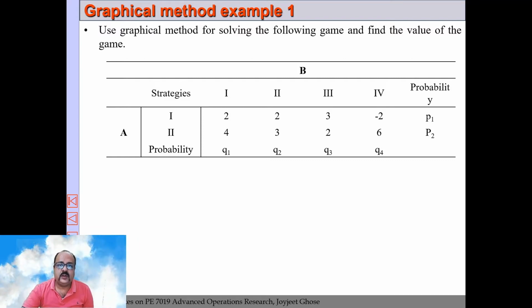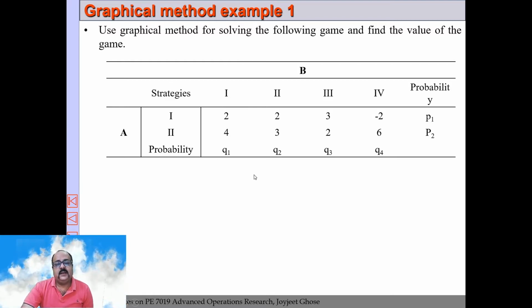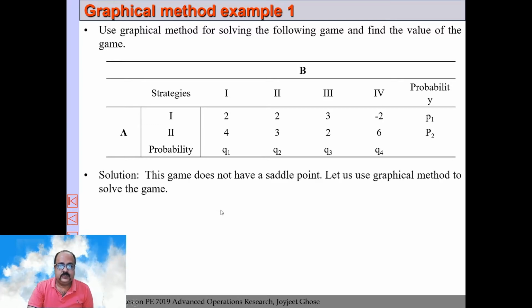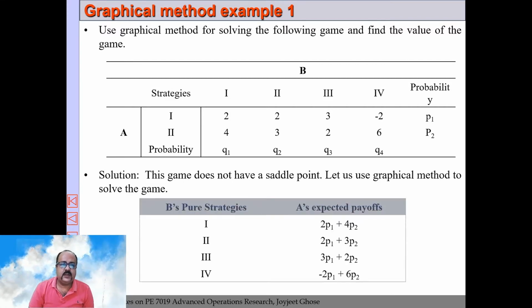Although in this particular problem 2, 4 is dominated by 2, 3 and you can eliminate this strategy, you will see that this strategy is inconsequential in the graphical method. But anyway, for the sake of learning, let us say we cannot reduce the matrix further by the rule of dominance. So this does not have a saddle point, and we will be using the graphical method to solve the problem.